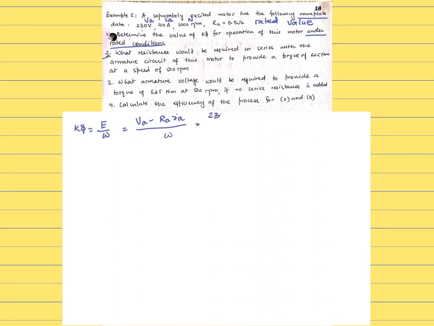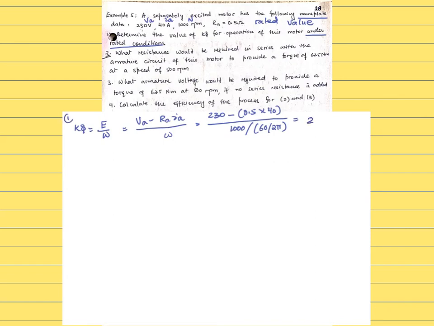So 230 minus 0.5 times 40, divided by the 1000 RPM converted to radians per second. And the value of K phi comes to 2.